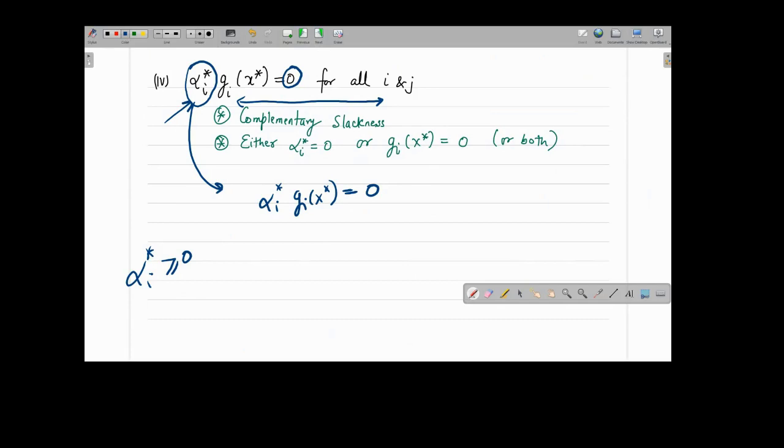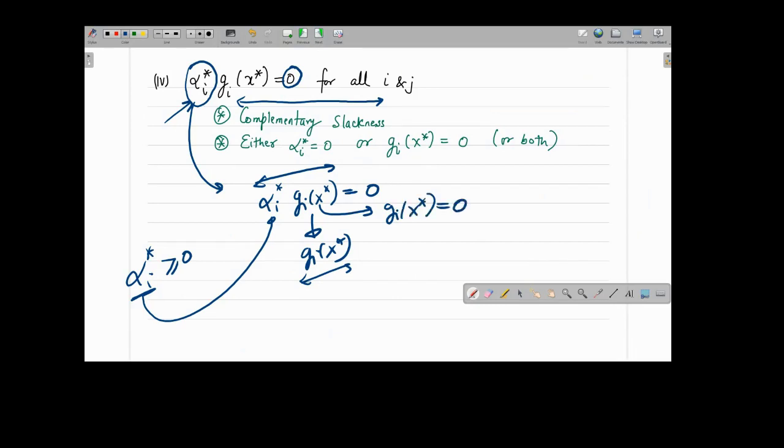So let us say if your alpha_i star is 0, it satisfies this inequality constraint also. What this equation tells you is that if alpha_i star is equal to 0, then g_i(x star) need not be equal to 0, because the multiplication will again be equal to 0. So g_i(x star) can be anything. And the second way is if your g_i(x star) is 0.